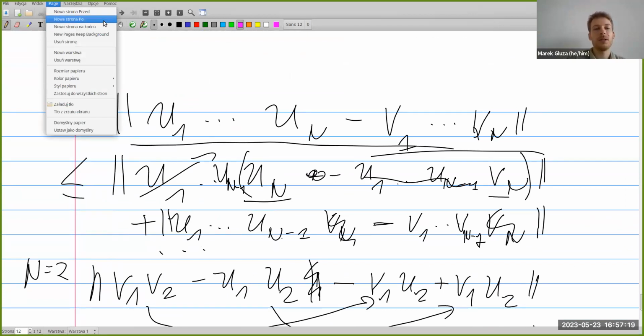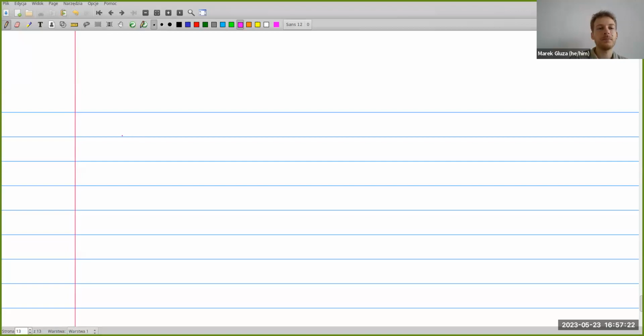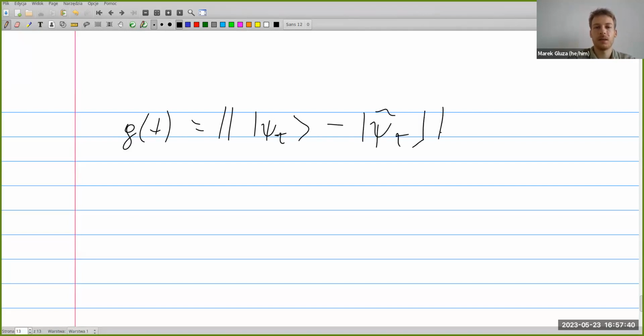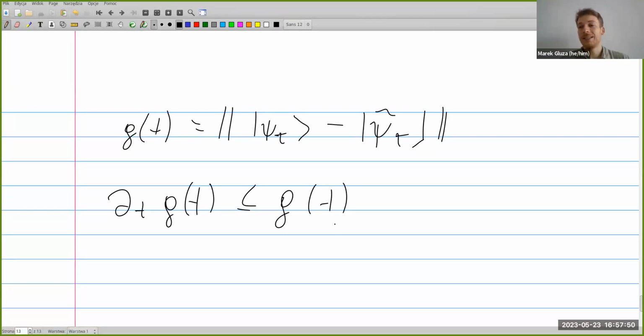But when you get a function, let's say I have a function g of t. Let me consider a function g of t is the norm of psi t minus some other psi t. And if I show that the derivative of g of t is bounded by g of t, then what you consider is kind of an upper envelope of that equation.